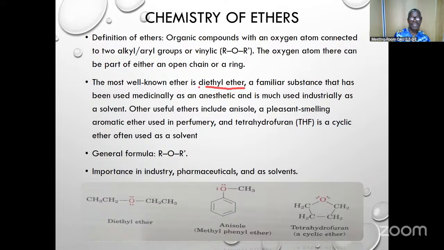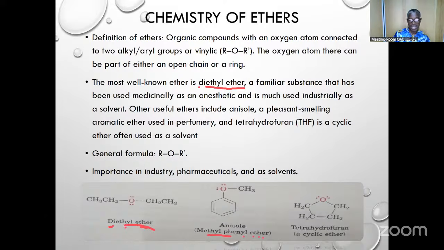Diethyl ether is used medicinally as an anesthetic and is much used industrially also as a solvent. We've done all this last week, and I gave examples of ethers. This is anisole.